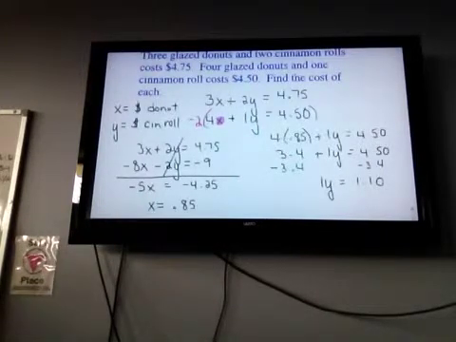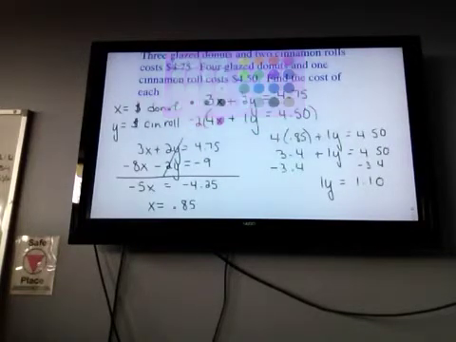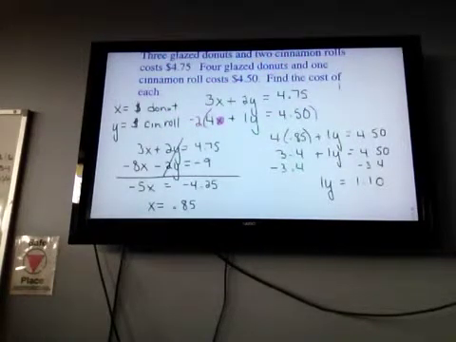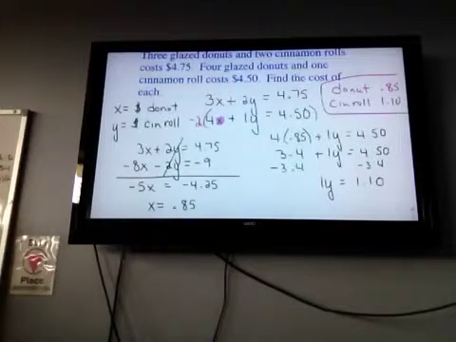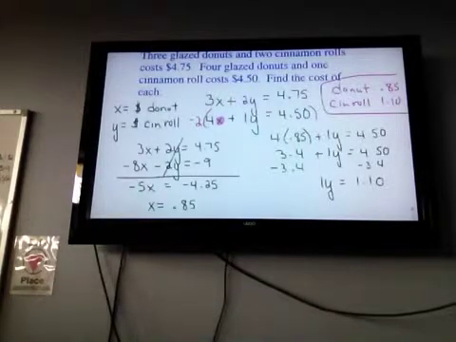And that represents the cost of a cinnamon roll. So make sure on a word problem that you label answers. So, donut is 85 cents, and the cinnamon roll is $1.10. That's what I'm looking for as my final answer.